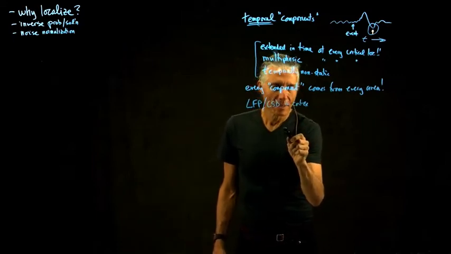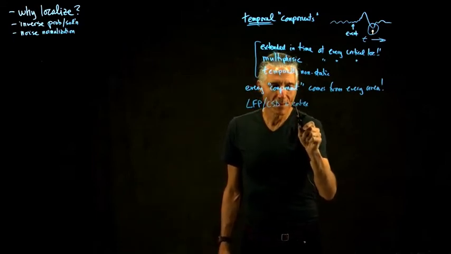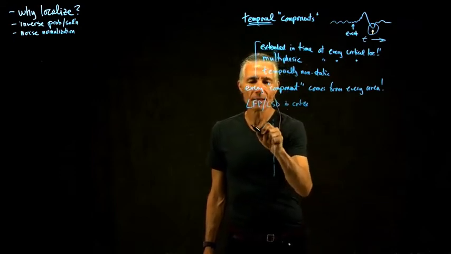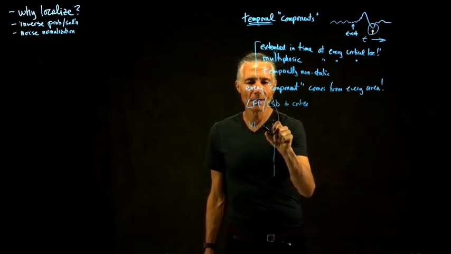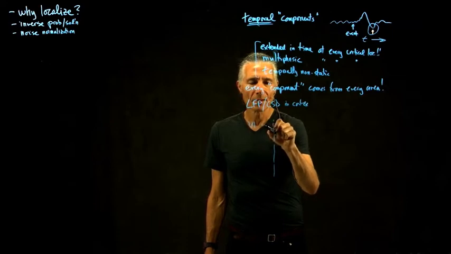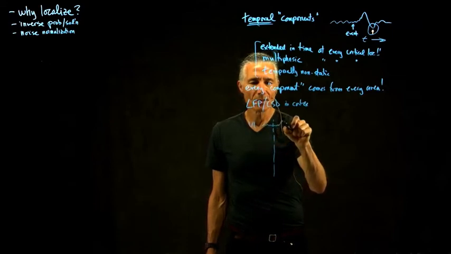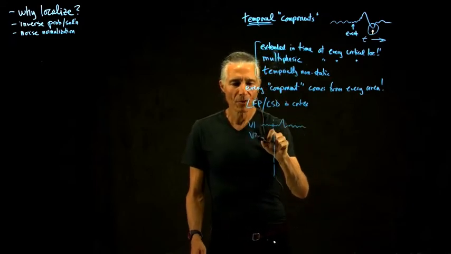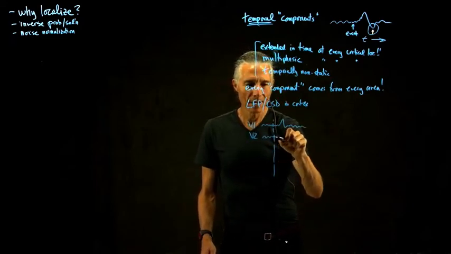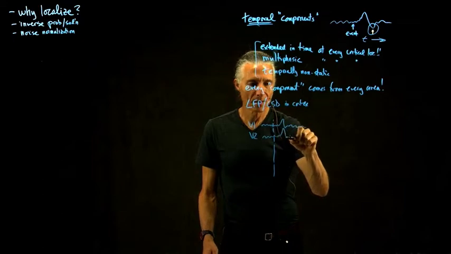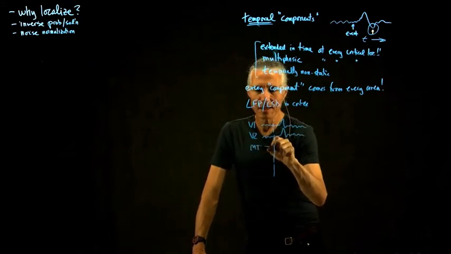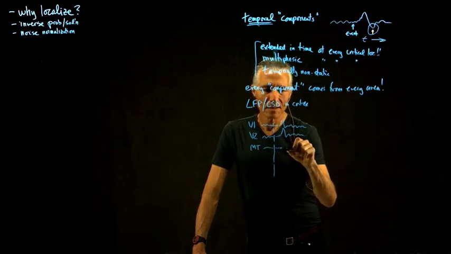So what happens if you actually do that? Here's your event. Say we look in V1. Here's the pre-period, and you get some kind of signal in V1. If you look in V2, this is in a monkey, you get a signal that's almost the same, maybe slightly delayed. If you look in MT, the signal is pretty quick.